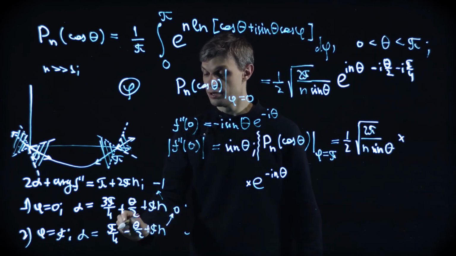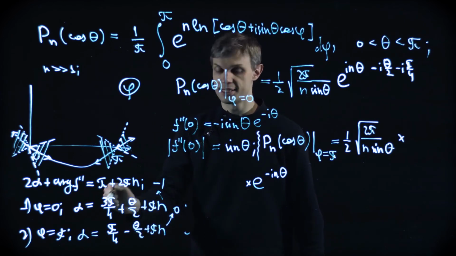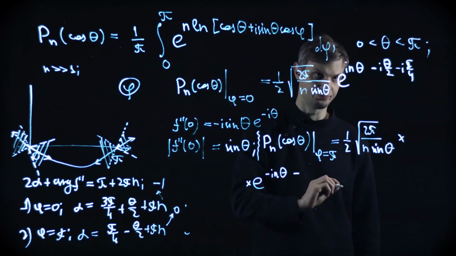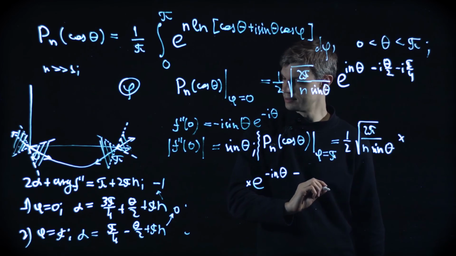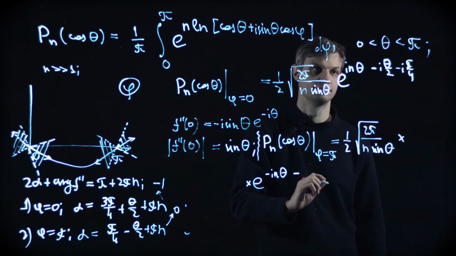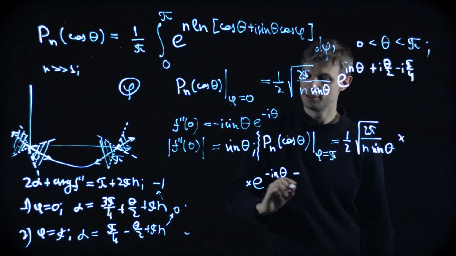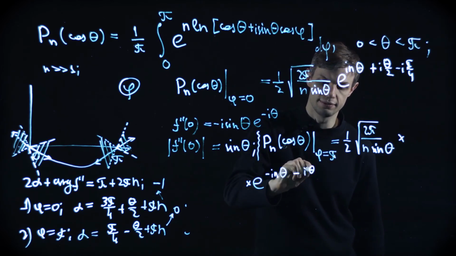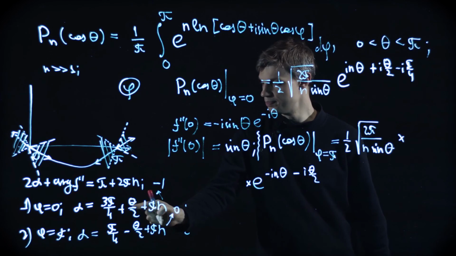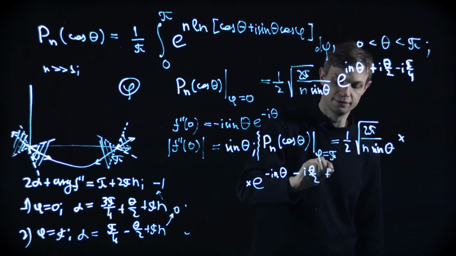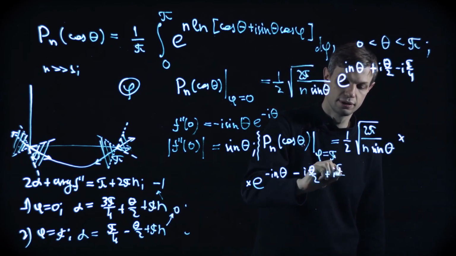So n is equal to 0, so it's basically minus theta by 2 plus pi by 4. Oh, by the way, sorry, there is a plus sign here. So minus i theta by 2 and plus i pi by 4.